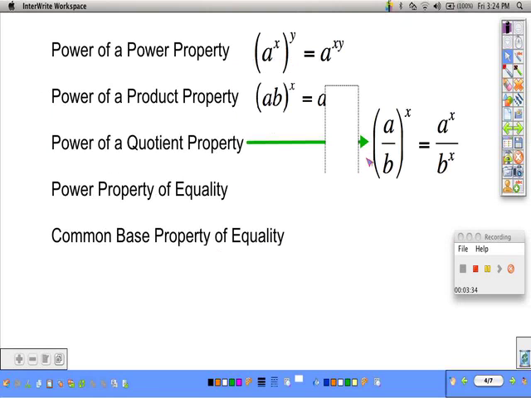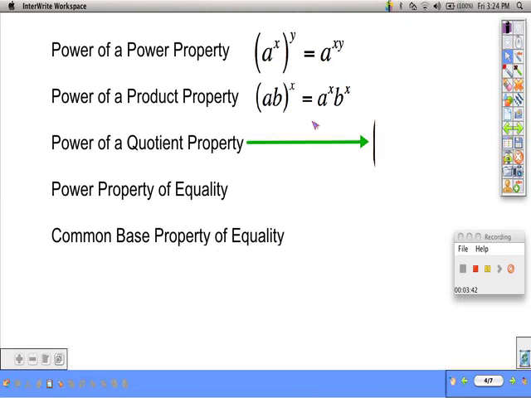Next property says that if we have two things being multiplied raised to a power, that power applies to both of them. So you have to take a to the x and b to the x. And similarly for a quotient.